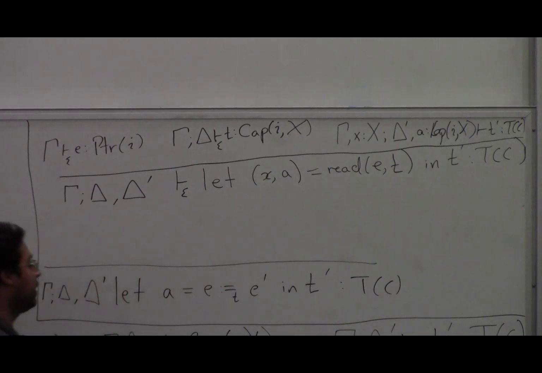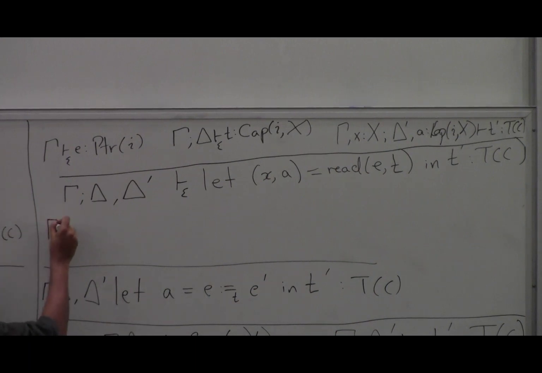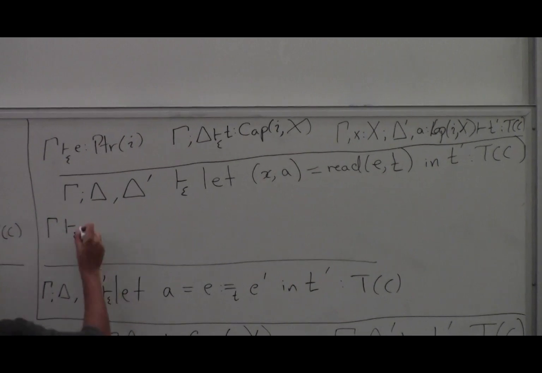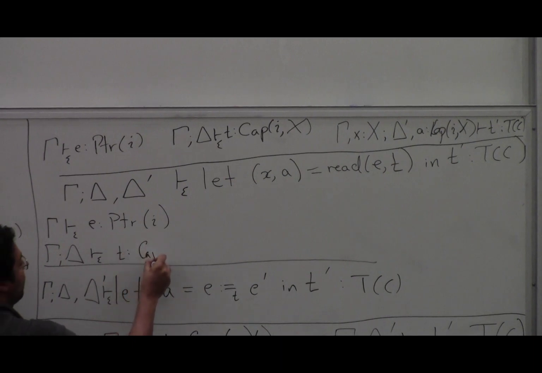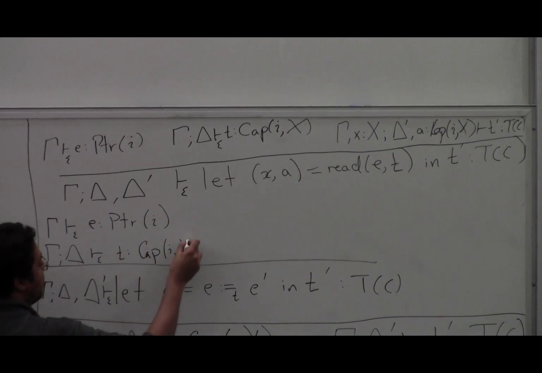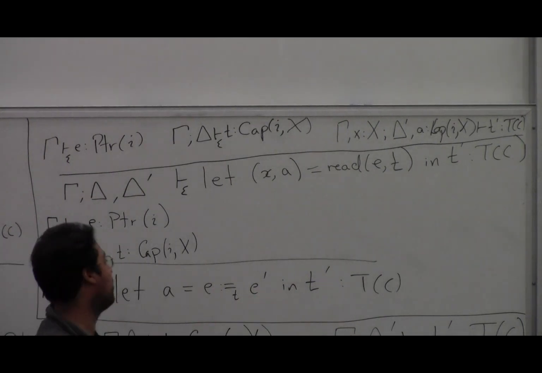Now, in order to do an assignment, we need to know we have a pointer and we have a capability to access that pointer. We also need a value e prime to write into that pointer.